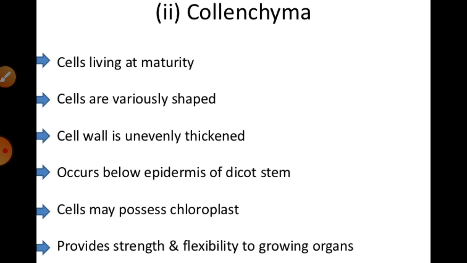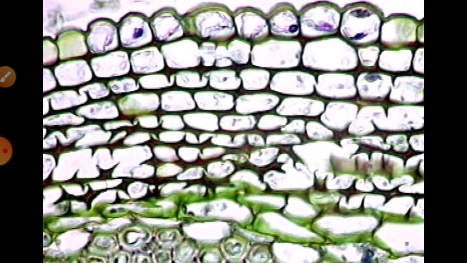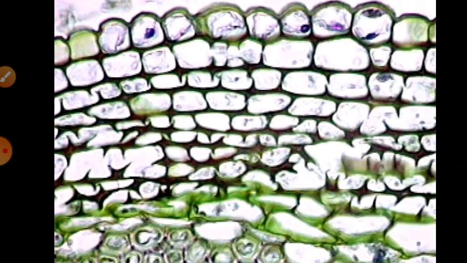If we talk about the characteristics of the collenchyma, it is present in a layer below the epidermis in dicotyledonous plants, right? And it is found either in a homogeneous layer or in patch-like structures. Collenchyma consists of cells which are much thickened at the corners, meaning if we see the structures, at their corners they are very thickened.